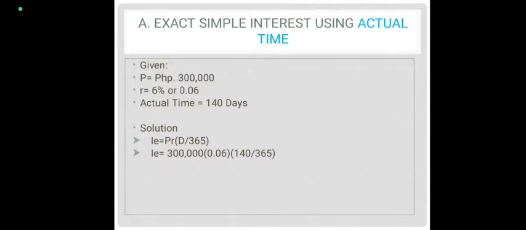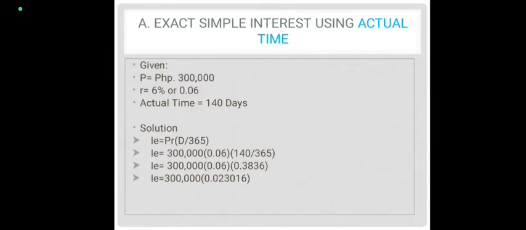So let's substitute first the values. So first we need to divide the 140 by 365. So the result is 0.3836. So we just need to multiply both of these, the 0.06 and 0.3836. So we have the answer, this is 0.023016.